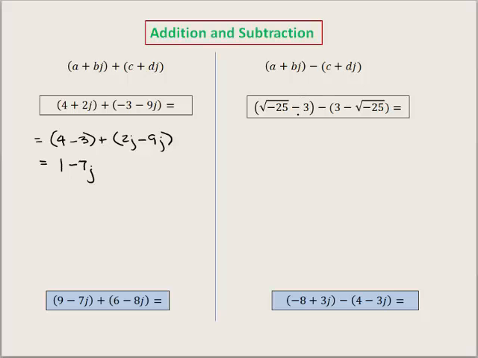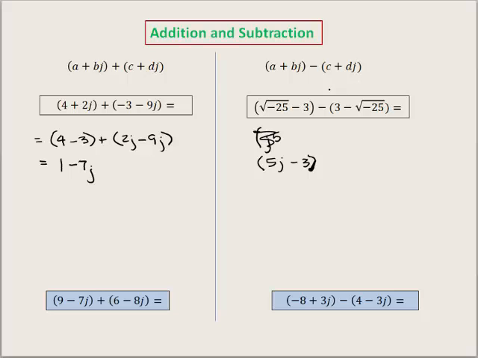Okay, now here we've got a little more complicated, and we're going to go back to those earlier skills when we had that negative sign inside the radical. Now we know what to do with that. We bring the negative sign out as j, right? And then we take the square root of 25. So let's rewrite this to make it a lot simpler for us. That would be j 5. All right, let's rewrite it in correct nomenclature: 5j minus 3.